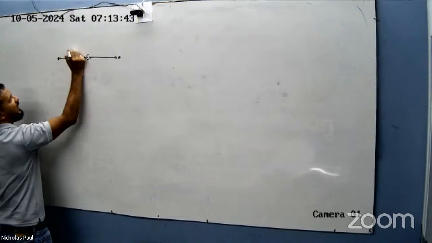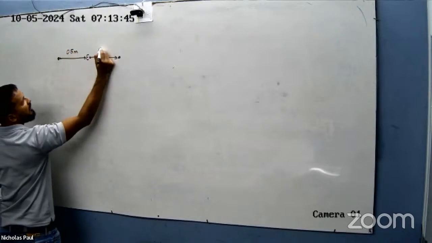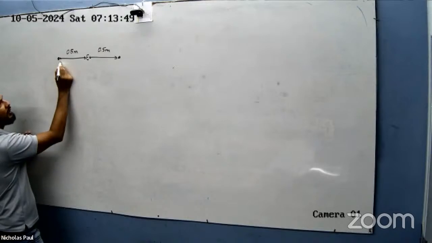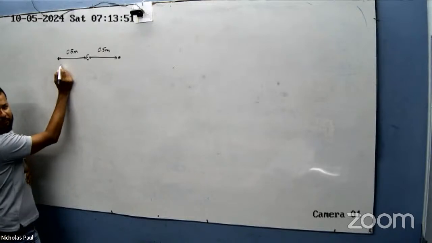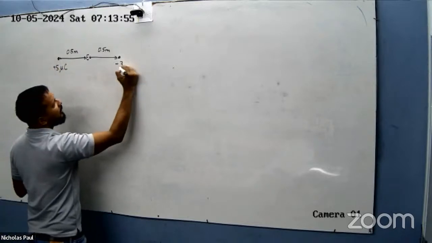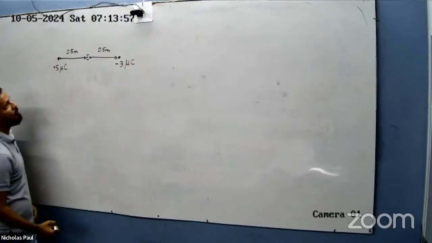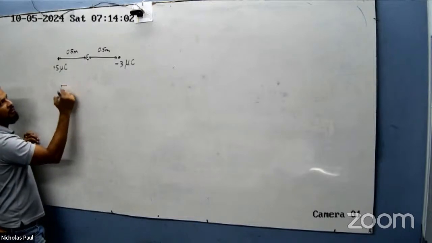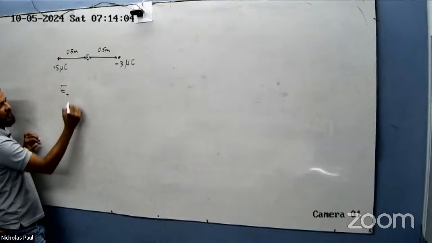Right, so it's in the middle, so that'll be 0.5 meters, 0.5 meters. Q1 is, what were the values again? Plus 5 microcoulombs, minus 3 microcoulombs. So I'm going to find the electric field strength due to the positive charge first.